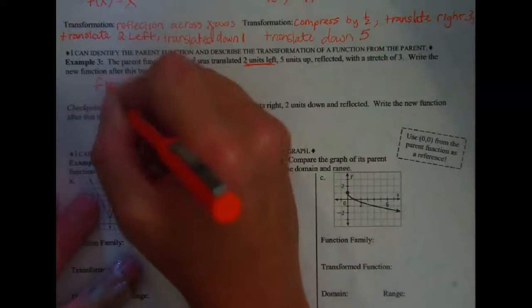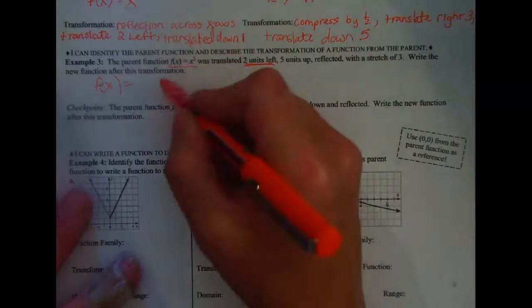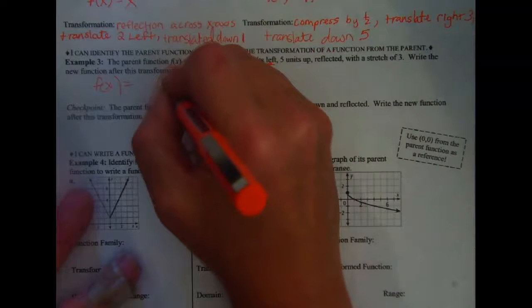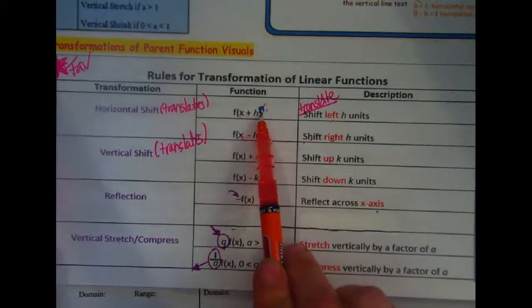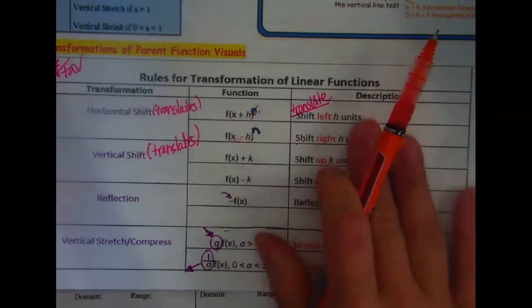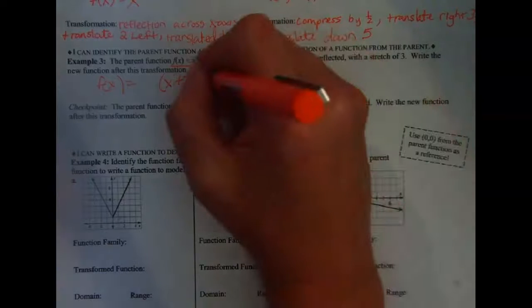So right away, I know I'm going to have f of x, and then I'm just going to leave room. In parentheses, I'm going to do x plus 2. And because it was squared, that square has to stay on the outside of the parentheses. It just pops in there. We don't do anything else with it.